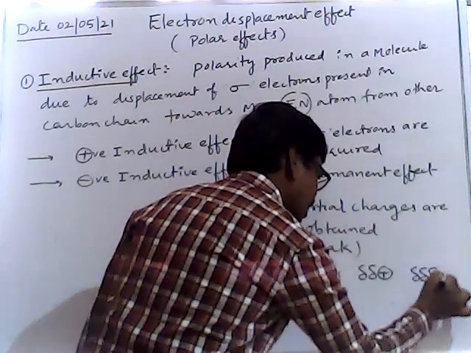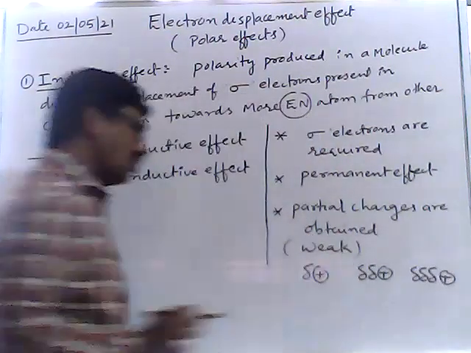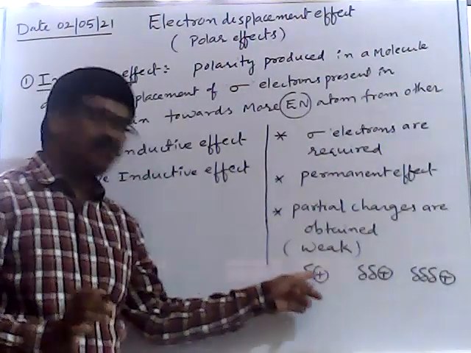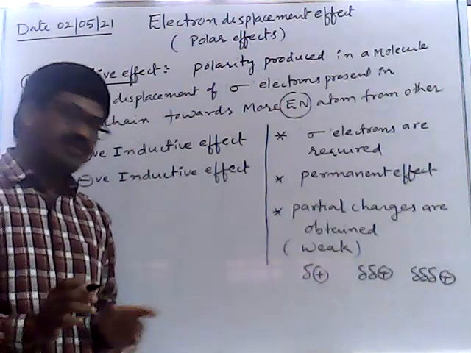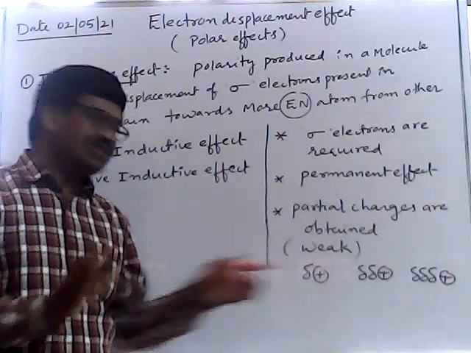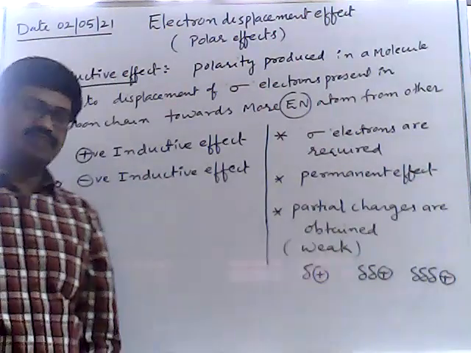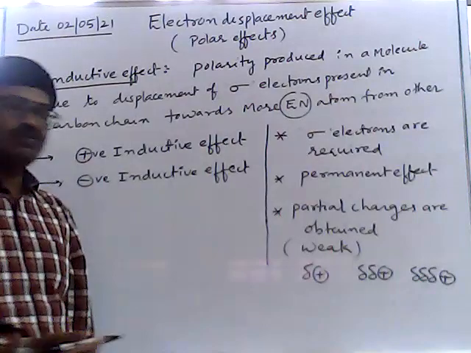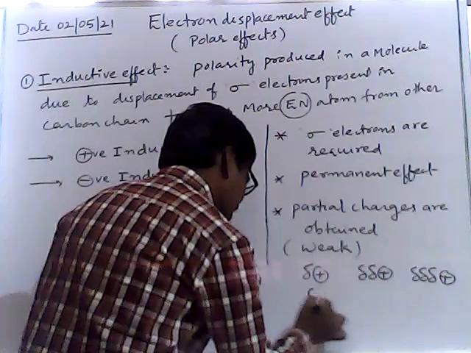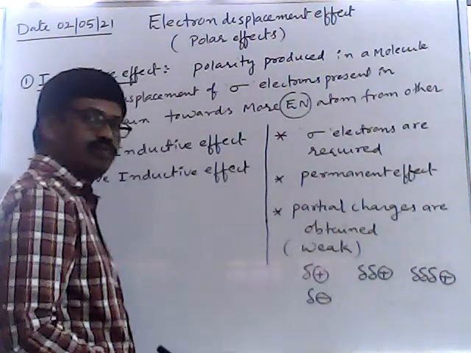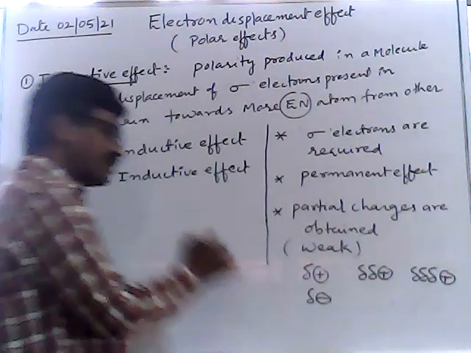If you increase the number of delta representations above that particular atom, that means there is a decrease in that partial charge. It may be positive, it may be negative. Single partial negative indicates more negative charge is present on that particular atom.